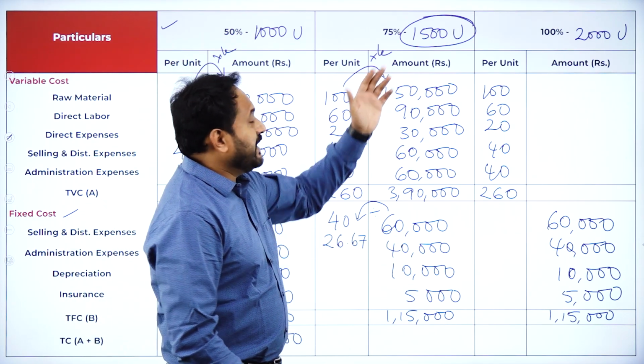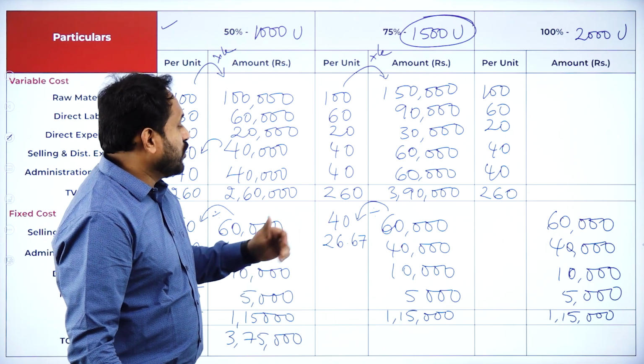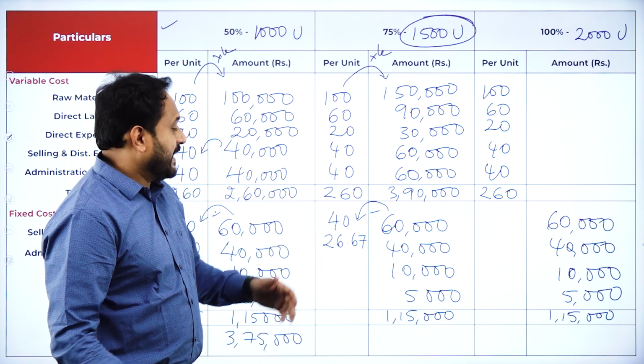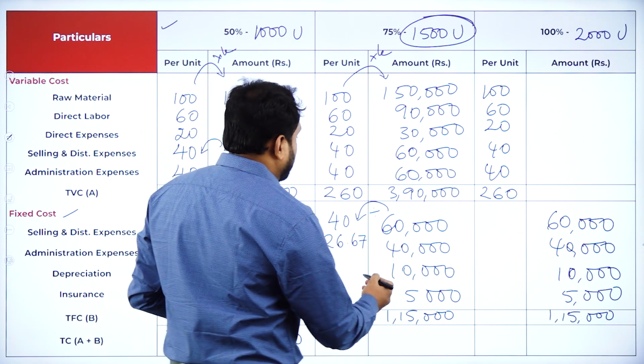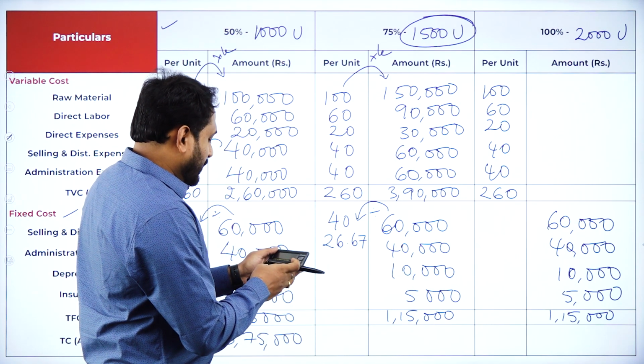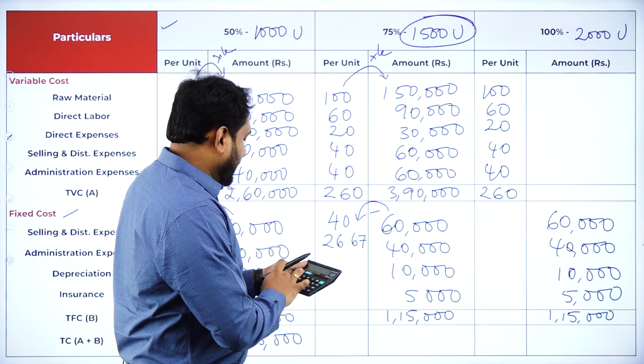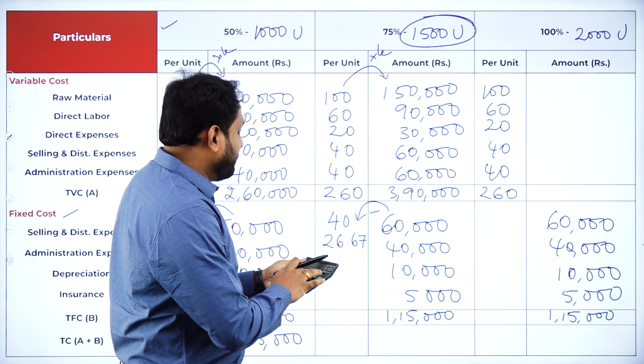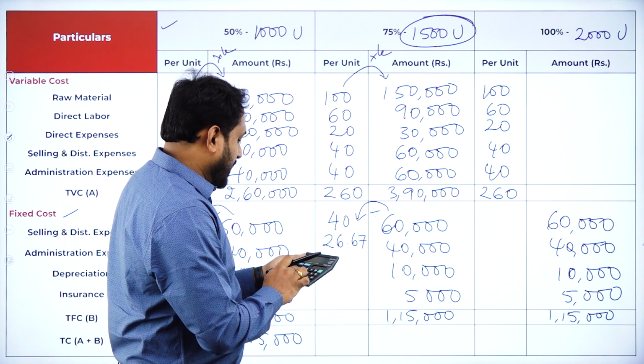Now 10 divided by 15. So if you go with that, 1,500, 10 divided by 1,500, you will actually get 10. If you have a doubt, please go with that. That is, you have 10,000 divided by 1,500.